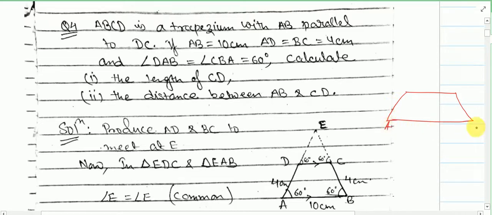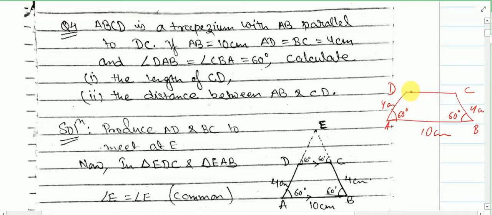A, B, C, D. ABCD is the trapezium, and they are saying that this angle is 60 degree, this is also 60 degree, this is 4 centimeter, this is 4 centimeter, and this is 10 centimeter. They want you to find the length of CD, and they want you to find this height.